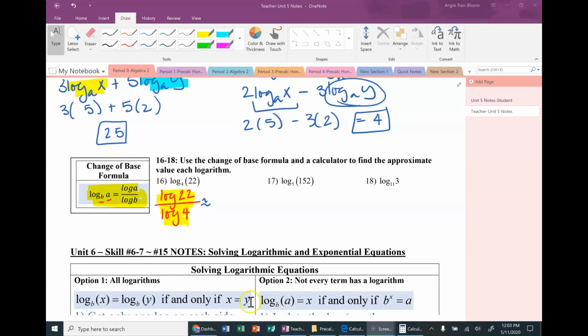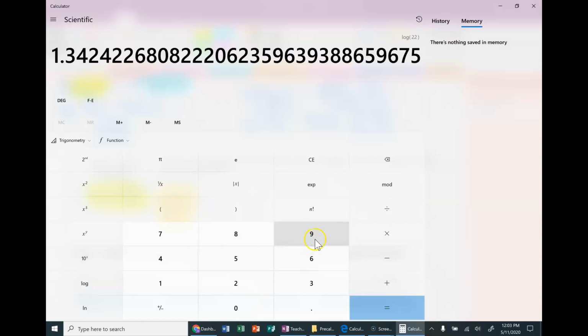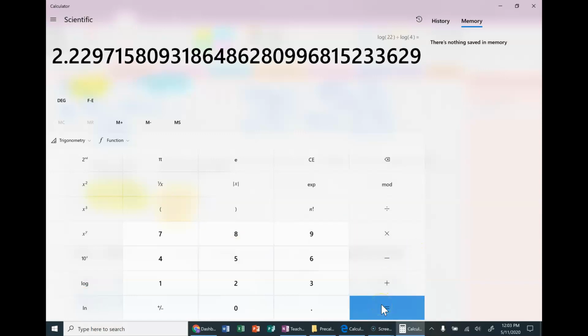Okay, now that you've gotten some time to work on your calculator skill, let's go find my calculator. This is just a basic scientific calculator. Some calculators will require you to type in 22 and then I hit the word log here. That's just the log of 22. Now I have to go divided by 4 and then I hit log. That's just log of 4. Then I have to hit enter to give me my final answer.